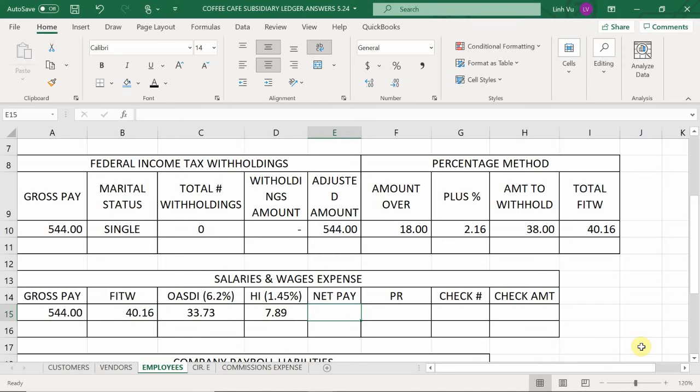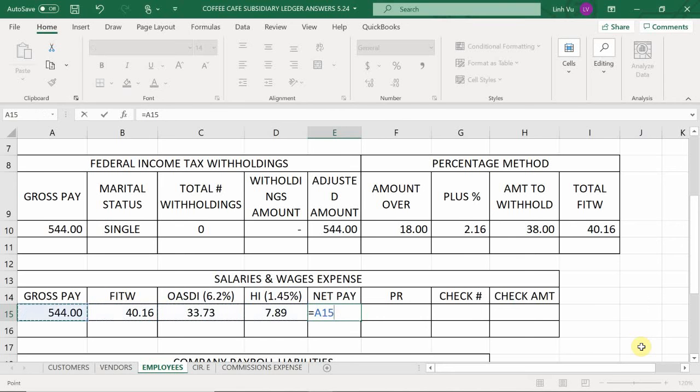So in this case, we don't have any other extra benefits here except for just taking out the basics, which is just the federal income tax and the FICA. So what is going to be her total net pay?